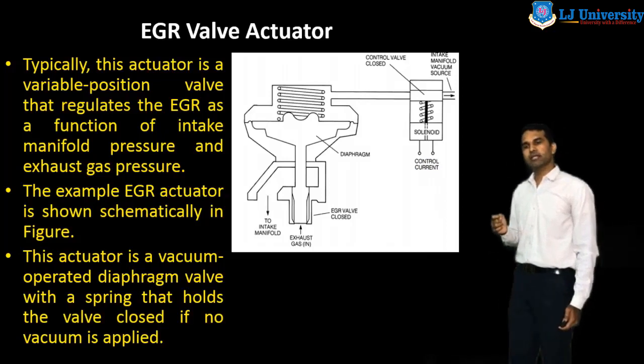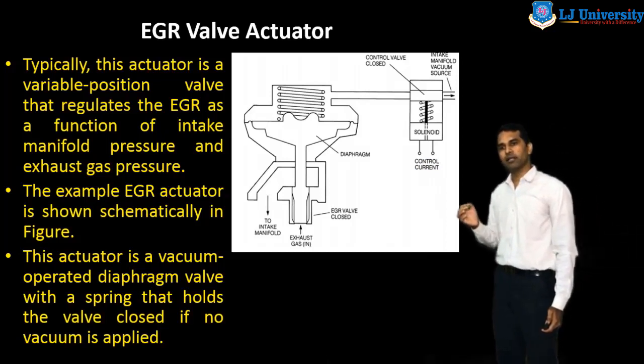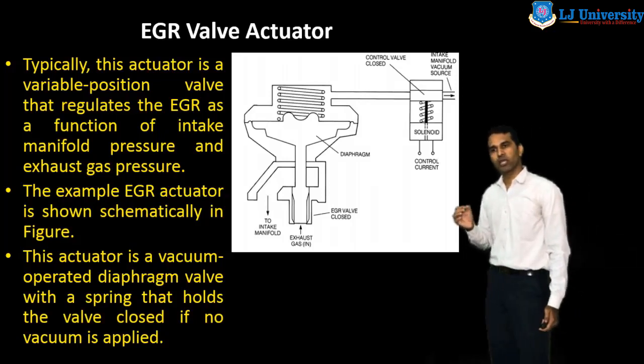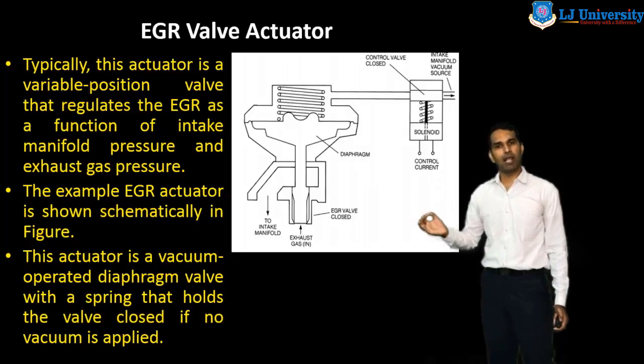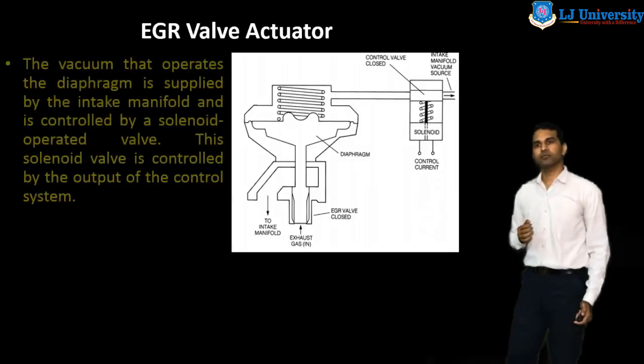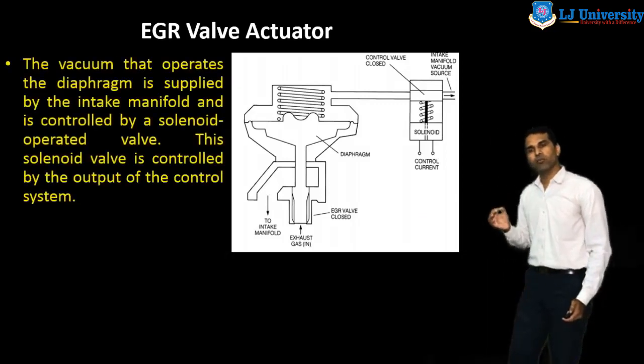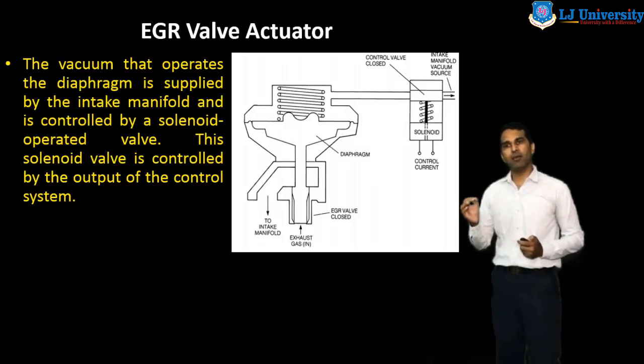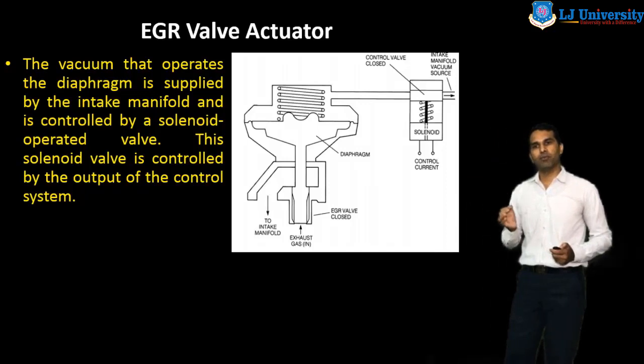This actuator is a vacuum operated diaphragm valve with a spring that holds the valve closed if no vacuum is applied. The vacuum that operates the diaphragm is supplied by the intake manifold.